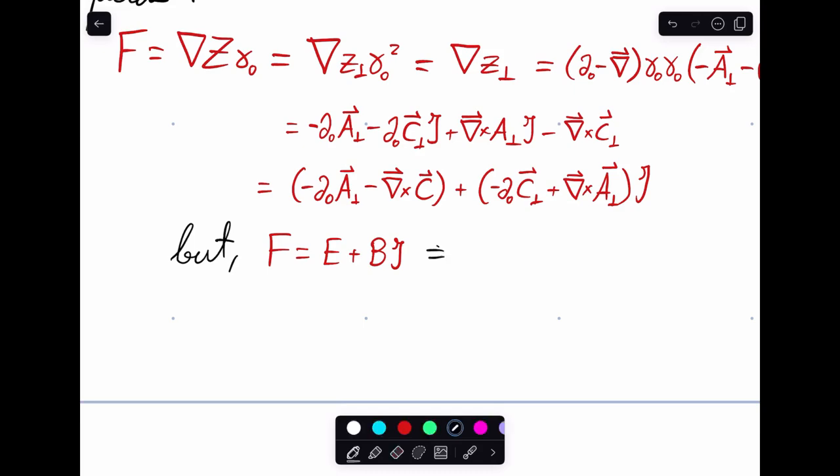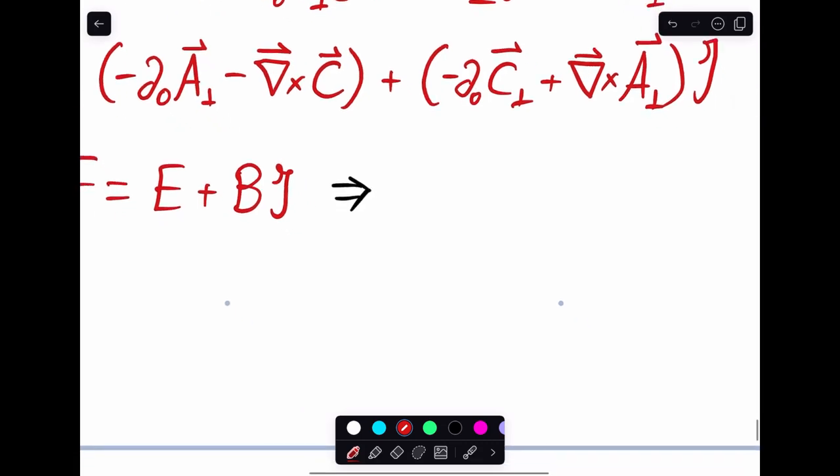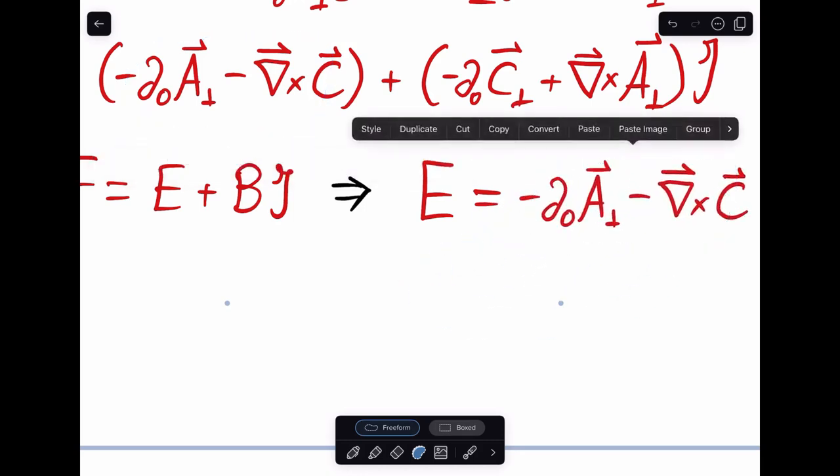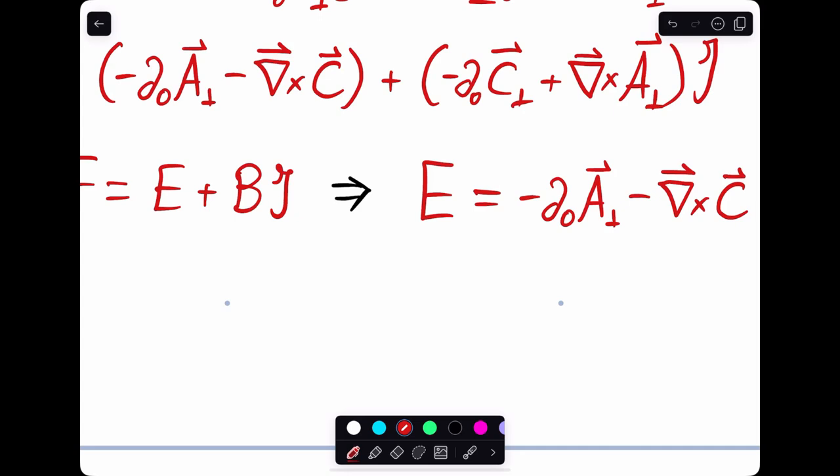So this implies that E is equal to this, and B is equal to this.